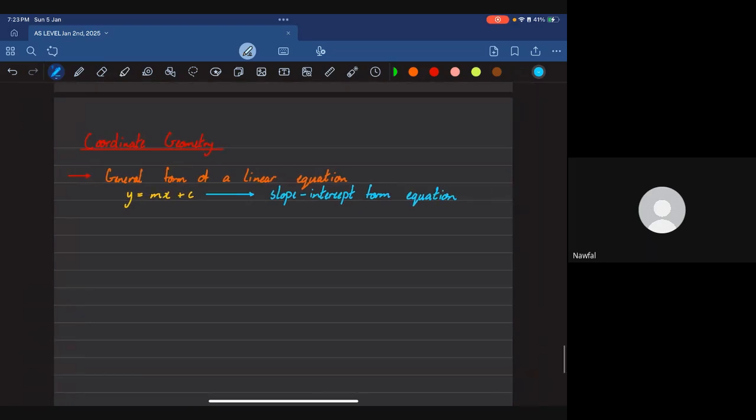We already know that m is your gradient. We also know that c is your y-intercept.